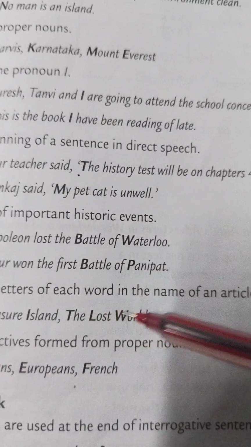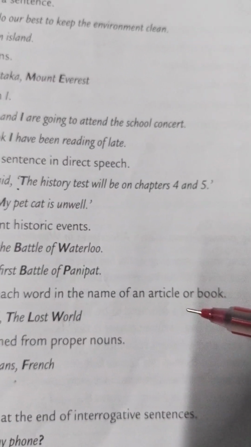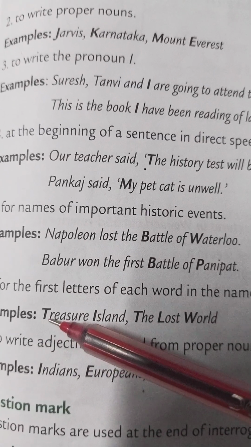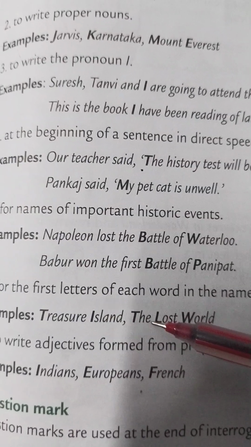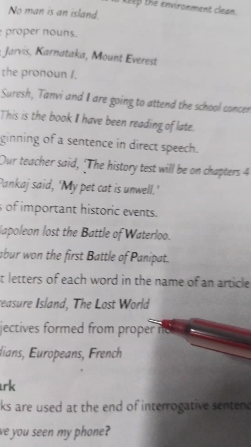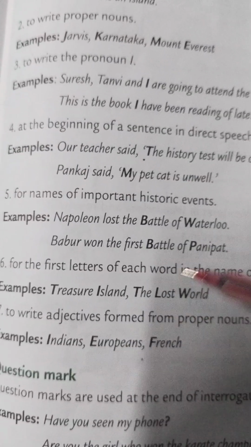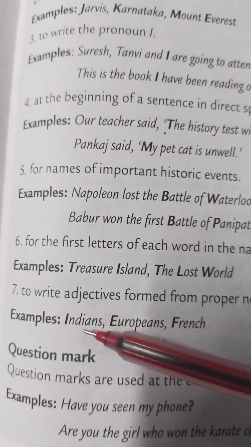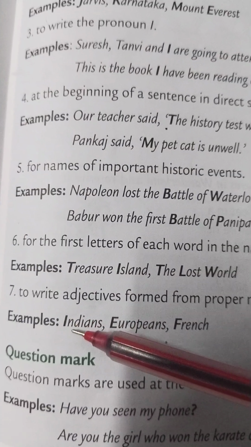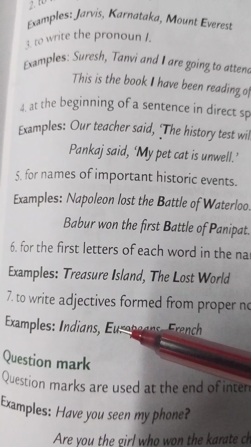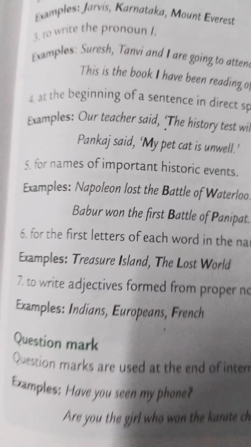For the first letter of each word in the name of an article or book, like Treasure Island, The Lost World, you can see T, I, T, L, W. All these are the first letters of each word in the name of a book, so we have used capital letters. Next, to write adjectives formed from proper nouns, we write the first letter as capital, like Indians, Europeans, French. I is capital in Indians, E is capital in Europeans, F is capital in French.